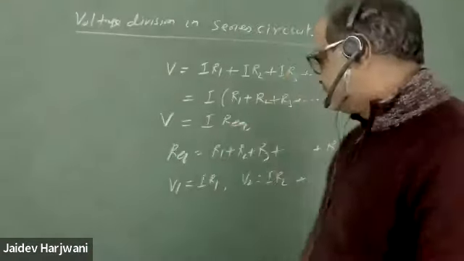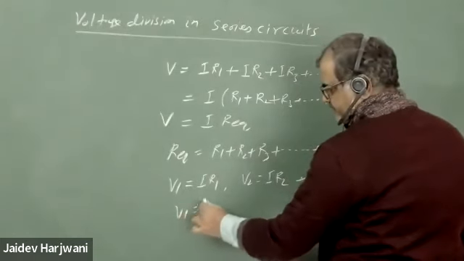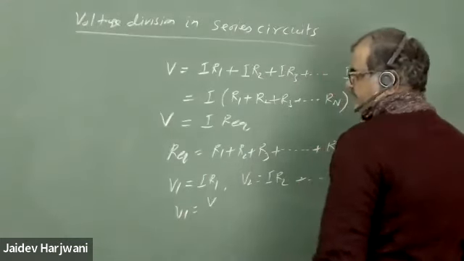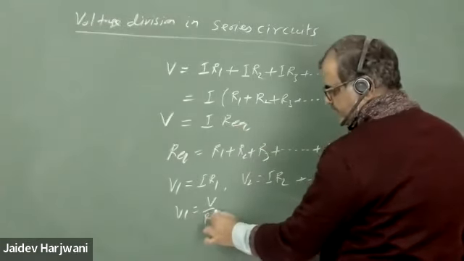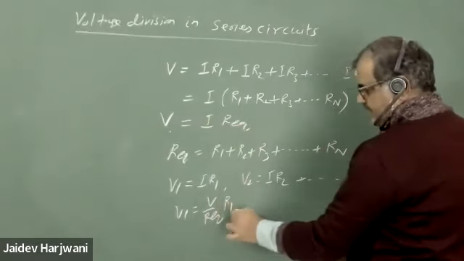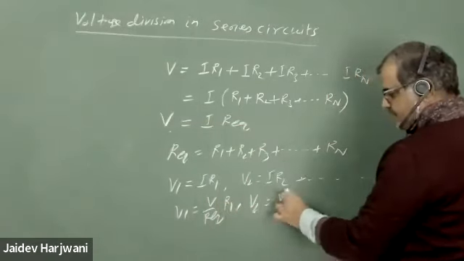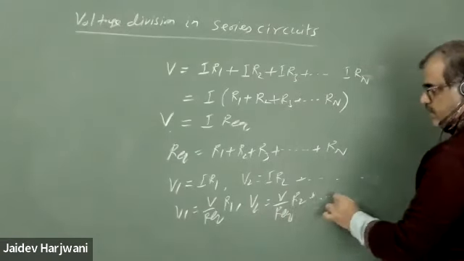V1 by R1, or V upon R equivalent. So if you want V1, it is V upon R equivalent into R1. So V2 will be V upon R equivalent into R2.